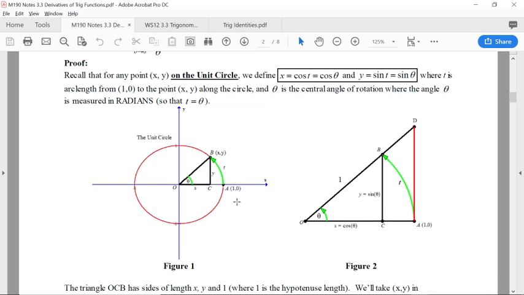As the trigonometric functions are defined, the height of this right triangle, the y coordinate, is by definition the sine of theta. And this leg of the triangle, the x coordinate, is by definition the cosine of theta. So we have sine of theta here, cosine theta here.